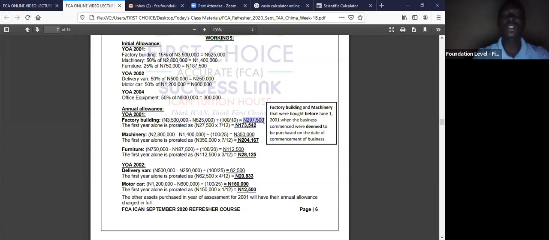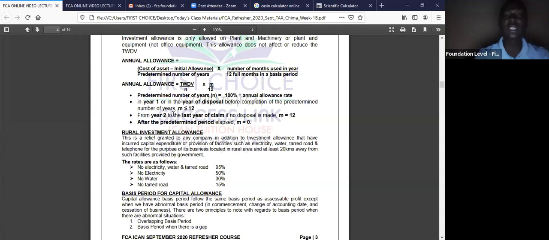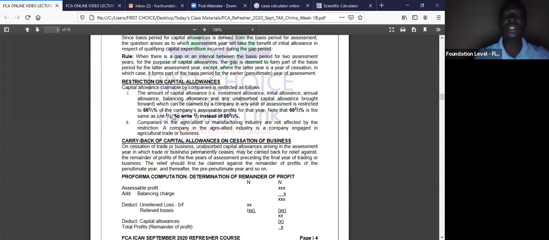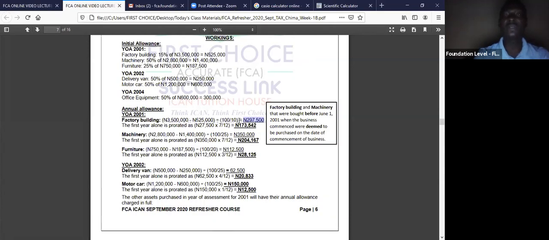But because we didn't use it throughout the basis period, we have to prorate this figure for the first year. So the first year, it is deemed that we used it in June. So it is deemed that it was used from June 1 down to the ending of the basis period, which is 7 months. So we are going to multiply by 7/12.